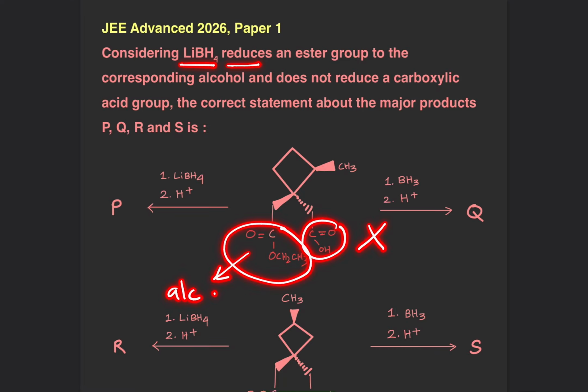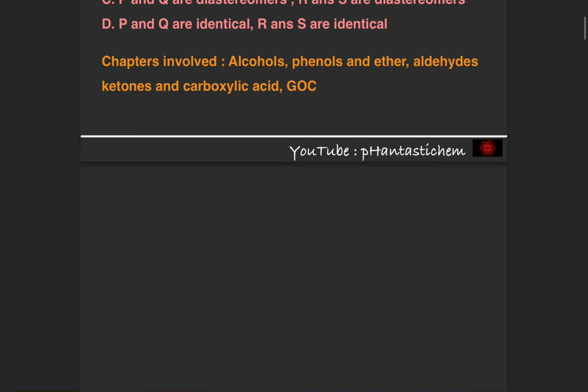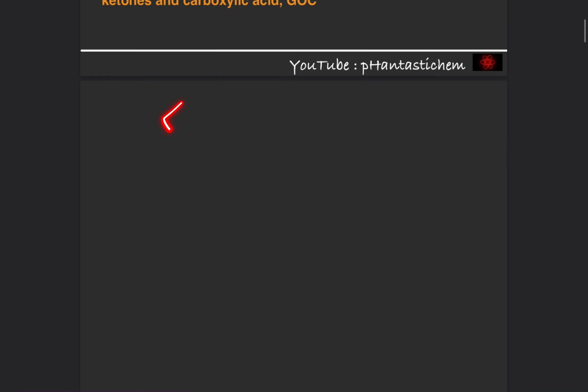So therefore the original compound will be converted to CH3, CH2OH, C double bond O and OH.